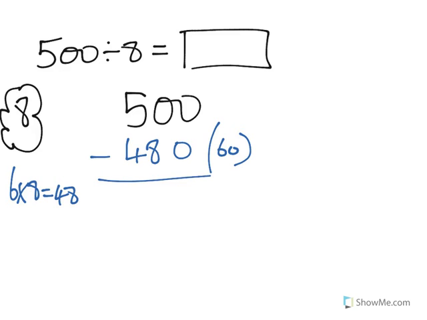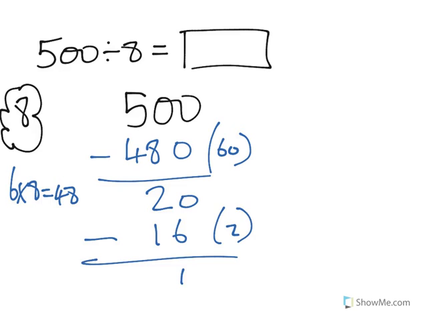I subtract the 480 from the 500 and I'm left with 20, and I'll use my 8 times tables once again to get rid of 16, which is 2 lots. That will leave me with 4, which will be my remainder, and if I think about 4 in relation to 8, I know that it is 0.5 or a half. So 500 divided by 8 is 62.5.